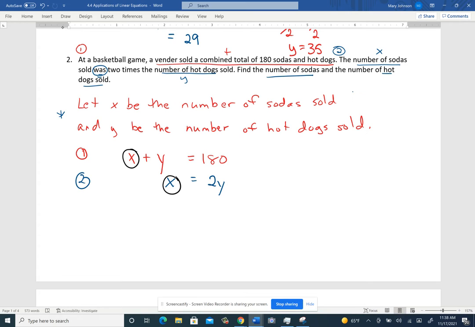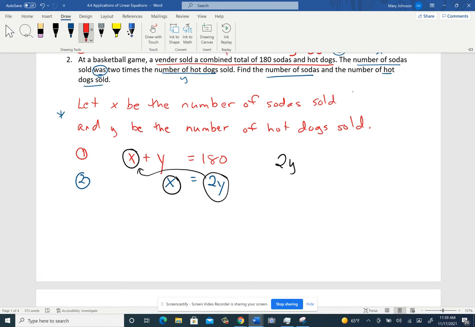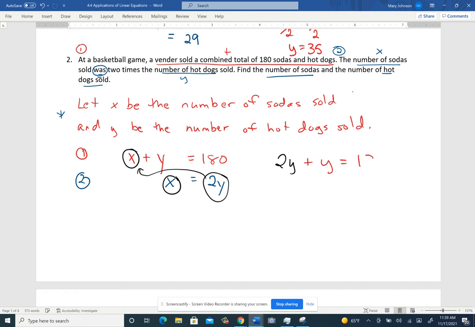I'll substitute 2y in for the x in the first equation. So I'll get 2y, and then the rest of the equation I'm going to write down plus y equals 180. 2y and 1y would be 3y. And so that means that y would be 60.